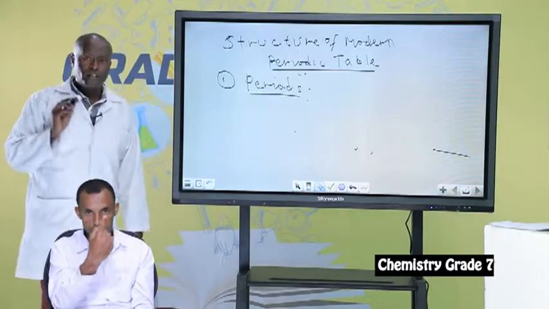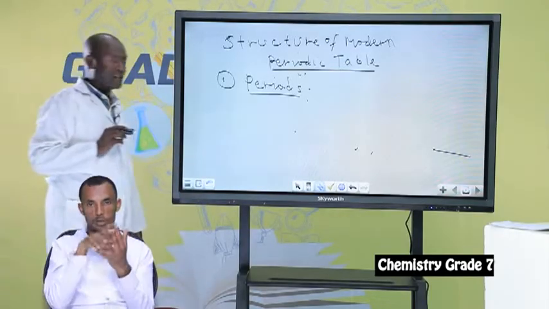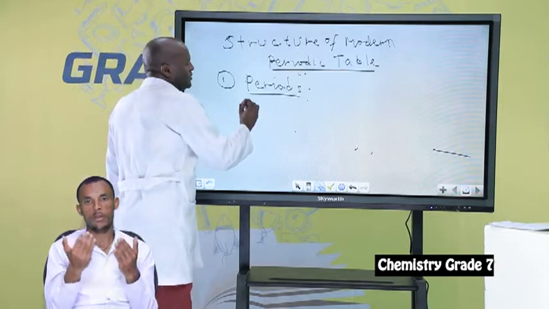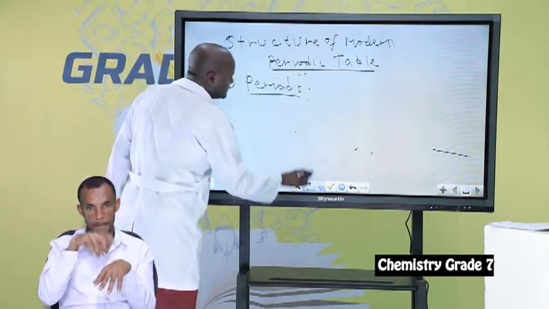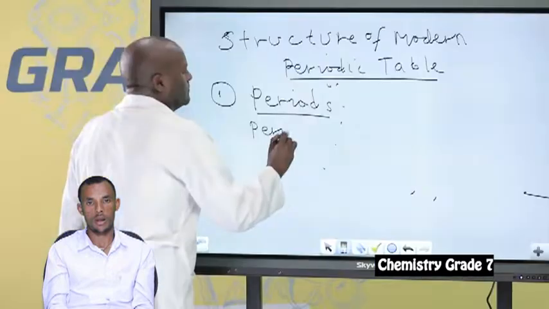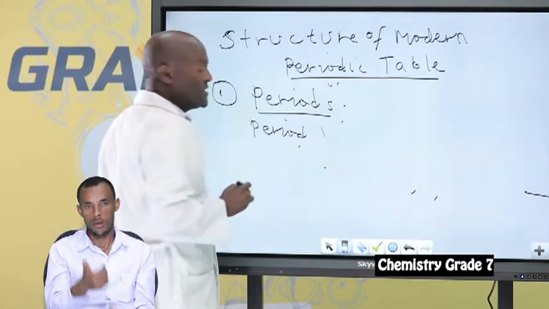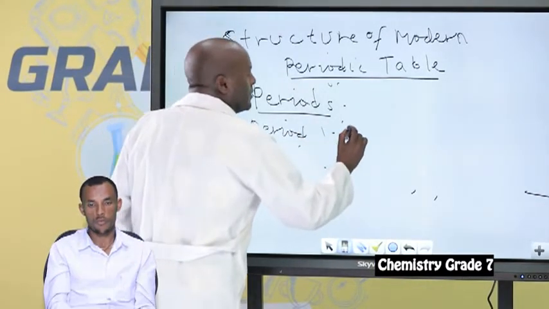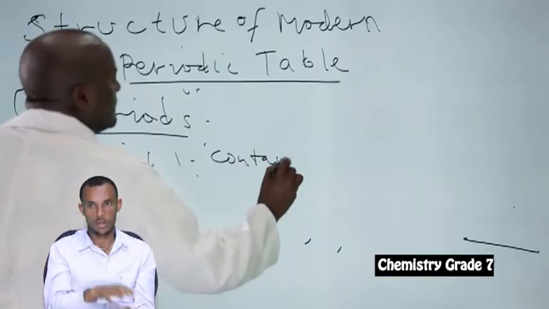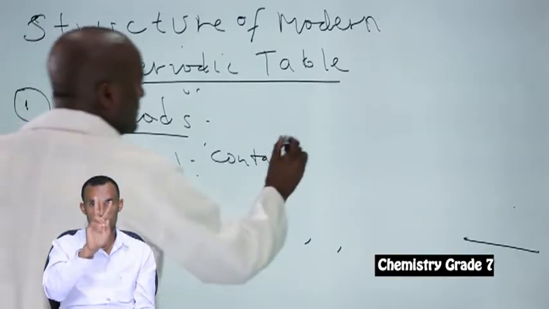Each period consists of a certain number of elements. Period 1 contains 2 elements.